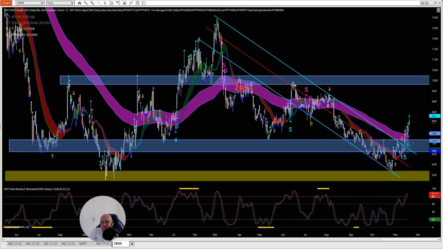One of the biggest things for this lower level for me is it's in or around the center line of this channel, which I'm going to talk to you about in a moment. So there's a confluence of both linear and non-linear support and resistance at that point. This makes it a very strong zone, and this is why a $10 strike price or a target price for this particular long trade is achievable.